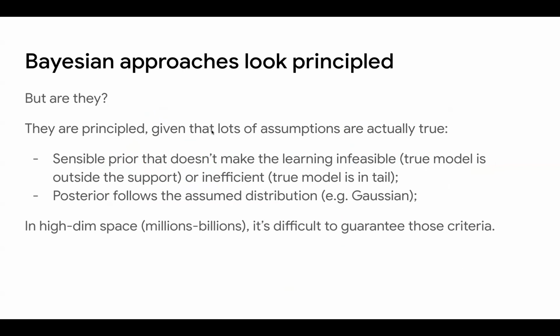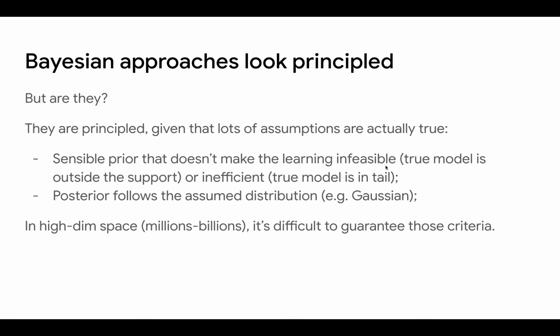So now, quick wrap up for Bayesian approaches in general. They look principled, but as we have been discussing through Q&A as well, they depend a lot upon assumptions that are hardly true. First of all, you need to have some sensible prior, such that your learning is not infeasible or inefficient.